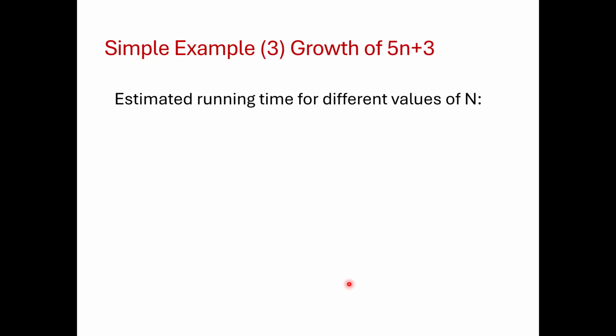Now, let's do an experiment. Let's estimate the running time for different values, right? So, for instance, if n is equal to 10, if the array has 10 values, then we are saying that approximately that algorithm will need how many steps? 5 times 10 plus 3, it will need 53 steps, right?